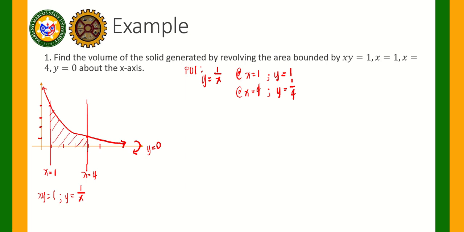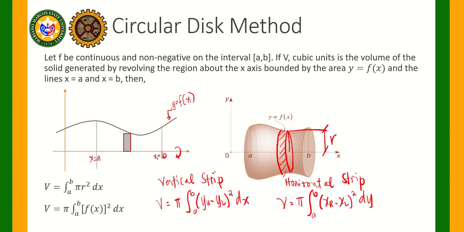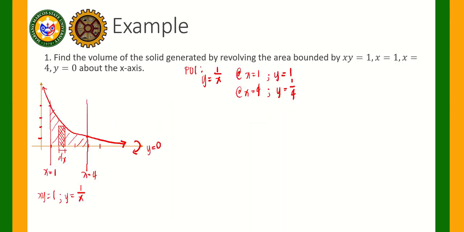Okay? So, let us take a vertical strip for this one. Okay, so this is our vertical strip. So this is our dx. Now, what is the formula for vertical strip? It is y upper minus y lower.